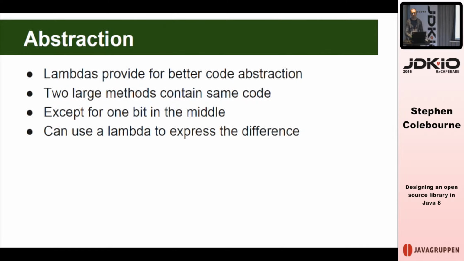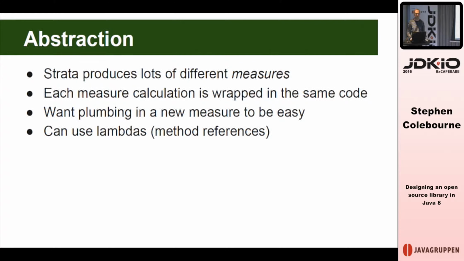Okay, abstraction. So Lambdas are providing better code abstraction. So imagine you have two big methods that are pretty much identical, except for one little bit in the middle. That's what Lambdas are great at abstracting for. You use the lambda to express the bit in the middle, and you pass the lambda to the method. So in our case, we had an example here.